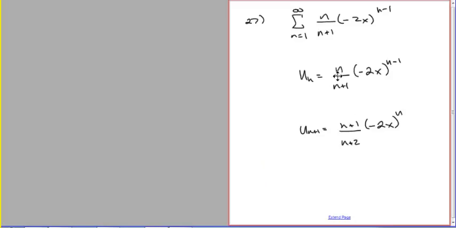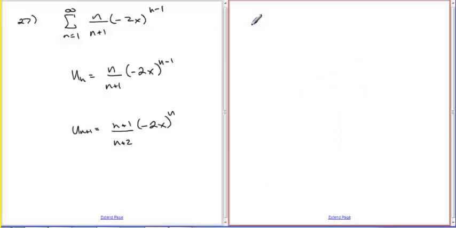So each one of these terms, I add 1 to the parts that involve n. So we take the limit as n goes to infinity of the ratio u sub n plus 1 over u sub n.